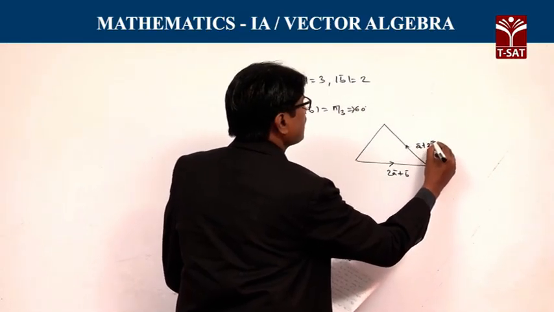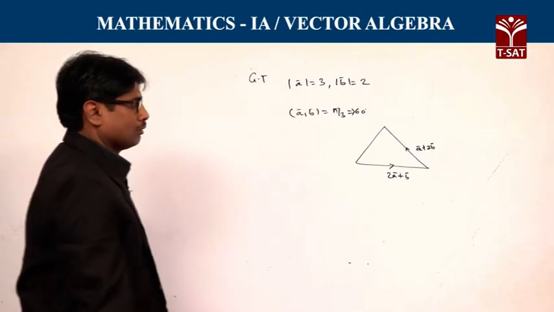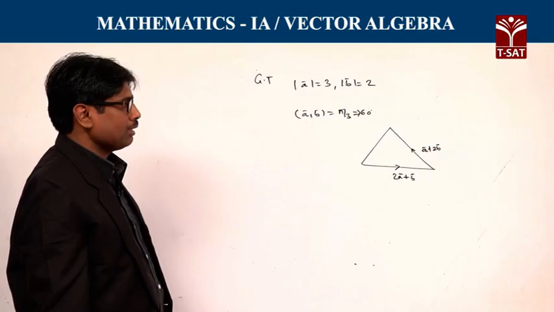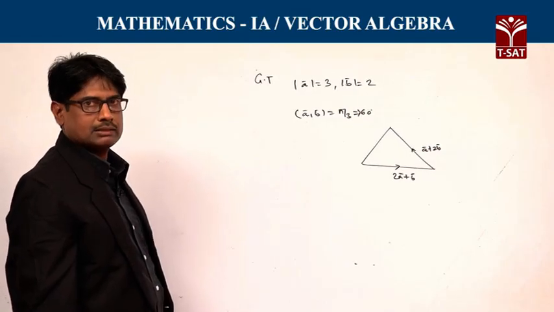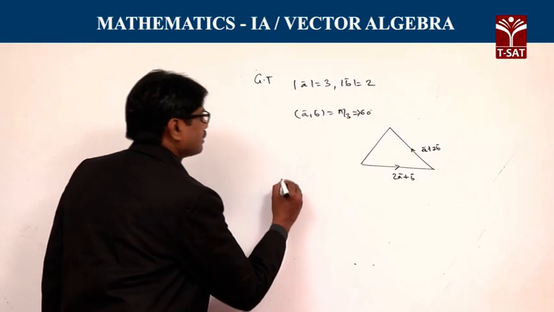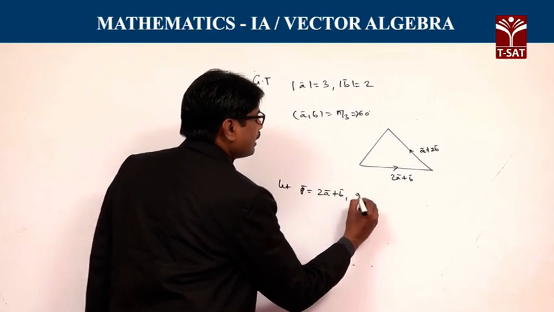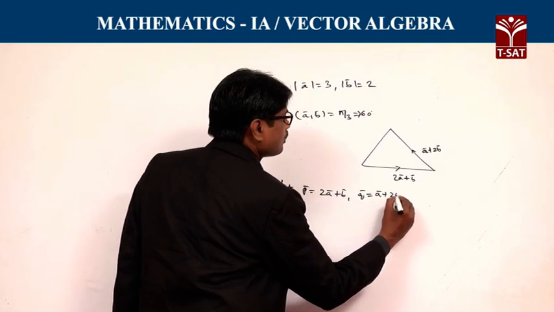Now let the adjacent side p bar be equal to 2a bar plus b bar and q bar be equal to a bar plus 2b bar.